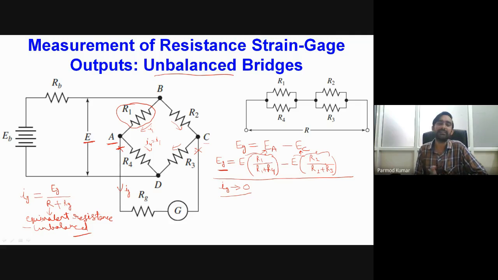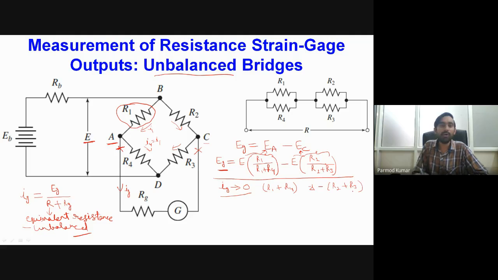This condition will be applicable when we have a very small unbalanced situation and Ig is tending to 0. Under such conditions, if I try to see the equivalent circuit, since the galvanometer is not connected, R1 and R4 will be considered as series resistances, giving one equivalent resistance R1 plus R4, and another equivalent resistance of R2 and R3 in series, which will be R2 plus R3.